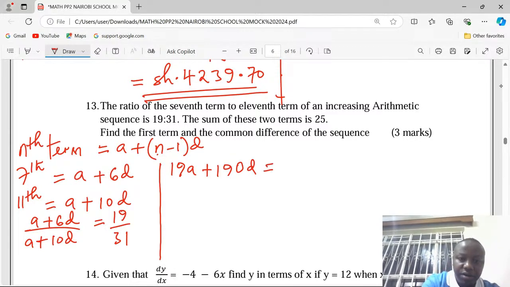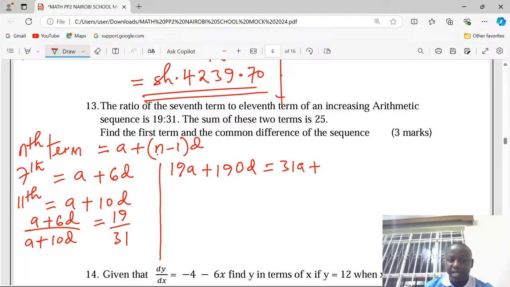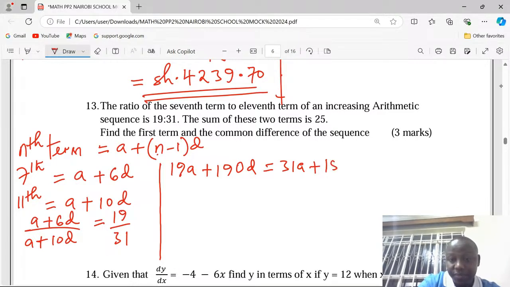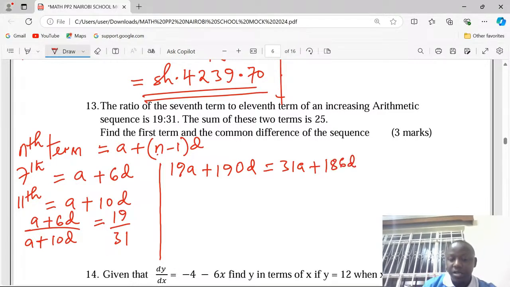This is equivalent to 31A plus, after cross multiplication, 6 by 31, which gives us exactly 186D. We can simplify further by having 31 minus 19. This is going to give us what? Let me subtract there.